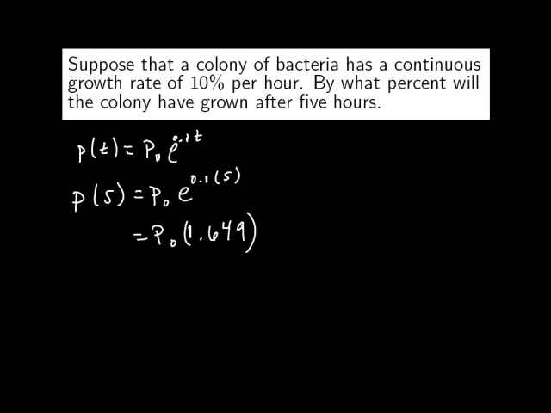This means that after 5 hours, we started out with P naught, and now we have P naught times 1.649. And if we're interested in what percent the colony will have grown after 5 hours, we know that to multiply something by 1.649, and let's round to 1.65, the initial population P naught has increased by 65%. That's what it means to multiply something by 1.65, that you're increasing it by 65%.